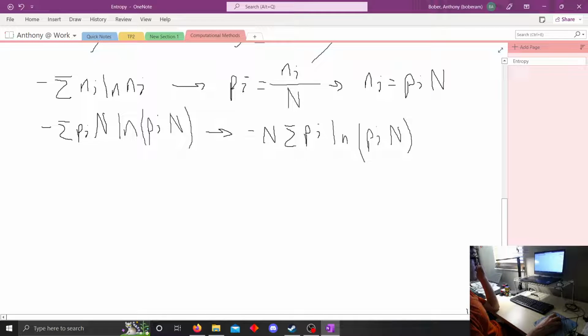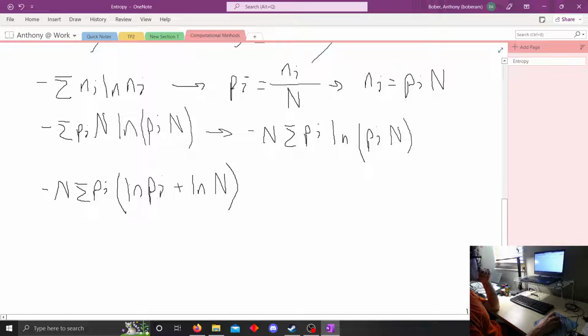And through logarithm rules, we can split this up. So we're going to have negative n, total number of students, the probability, natural log of that probability, plus natural log of the total number of students.